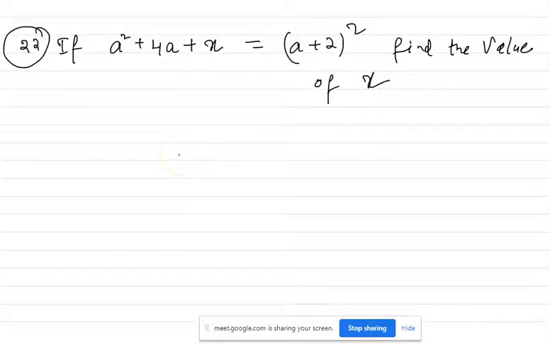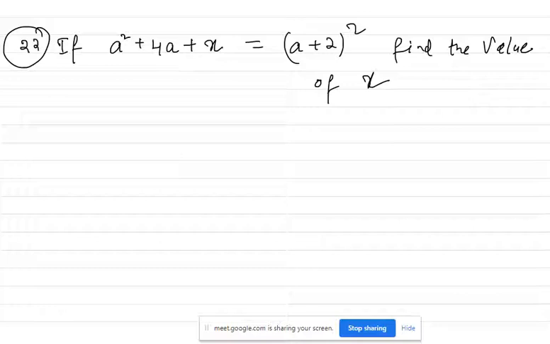The next question we are doing, 22: if a square plus 4a plus x is equal to a plus 2 whole square, find the value of x. So here we'll write what is given.